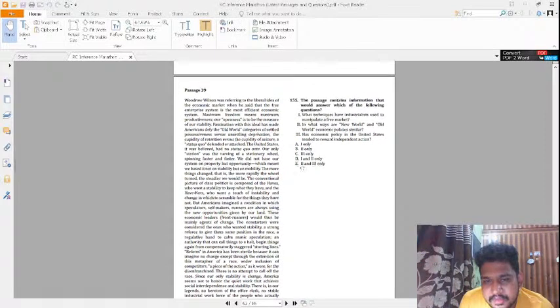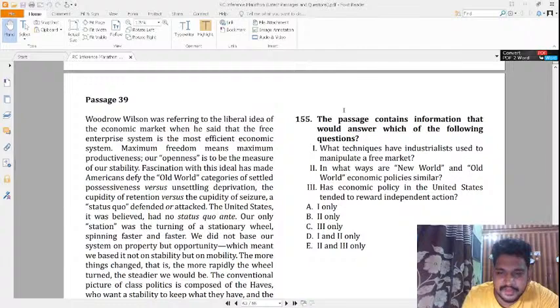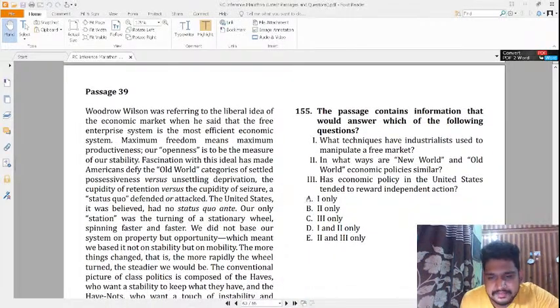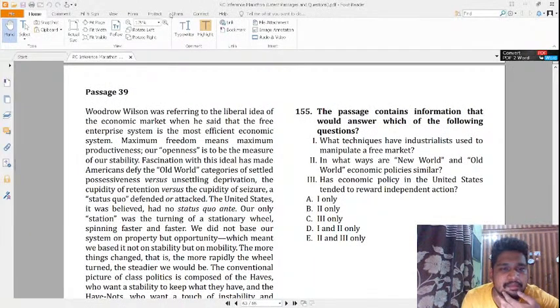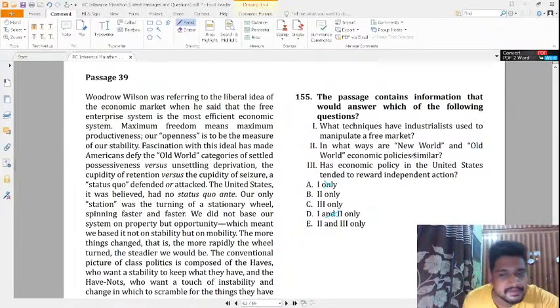The passage contains information that would answer which of the following questions? What techniques have industrialists used to manipulate a free market? We never talked about how industrialists manipulated the market. Did we? No. So option 1 is gone. I have a pen here also, right? Yeah. So 1 is gone, and wherever 1 is there, cancel it. In what ways are the new world and the old world economic policies similar? We never talked about the similarities between the new world and the old world.